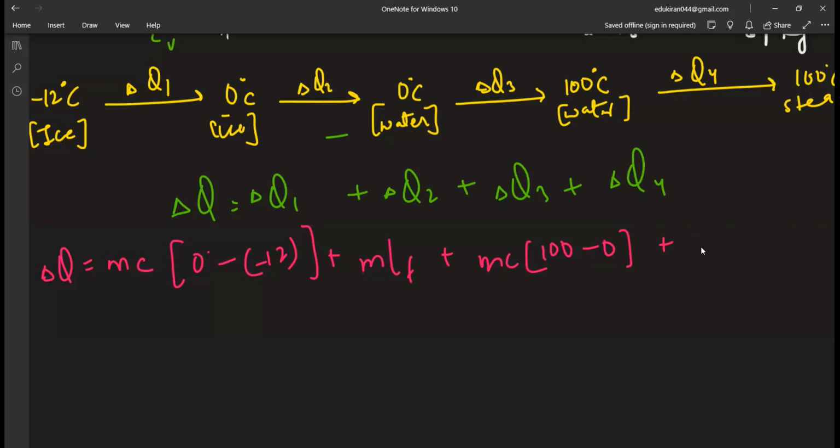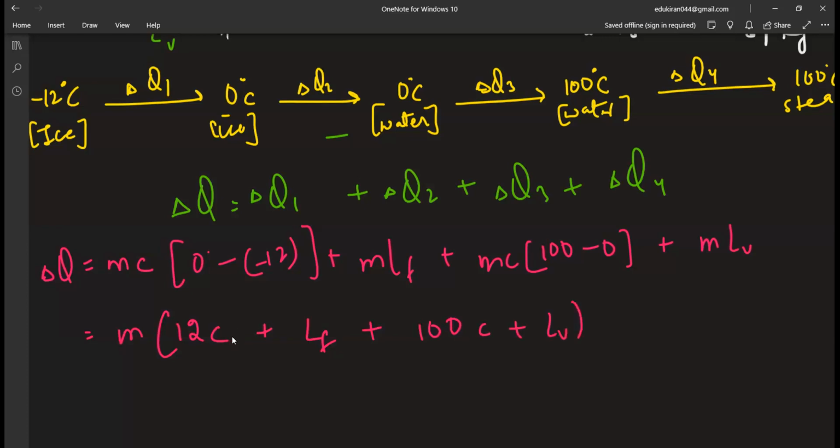Last one is M into latent heat of vaporization, because water is getting converted into steam. One thing we can do, mass we can take common. What are we left with? 12C plus latent heat of fusion plus 100C plus latent heat of vaporization.